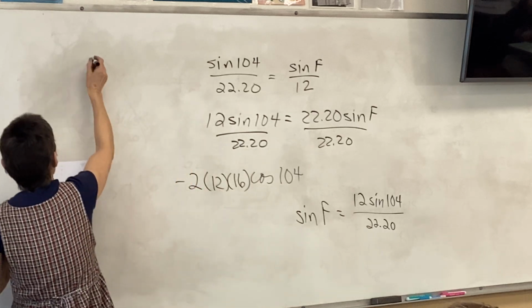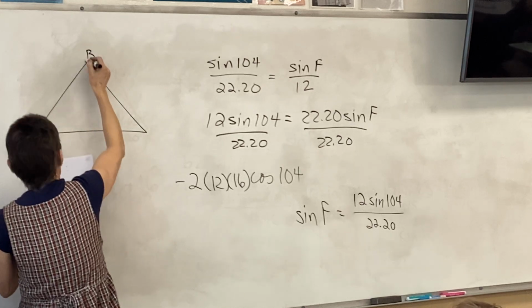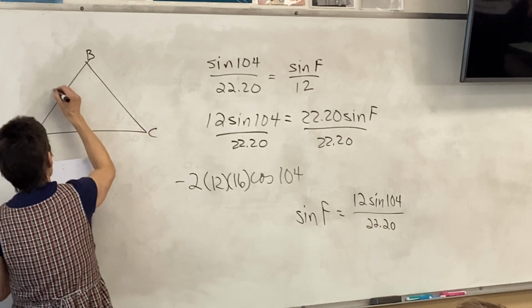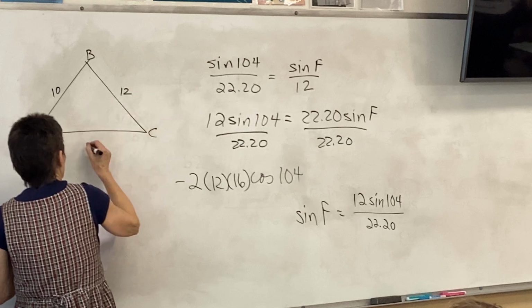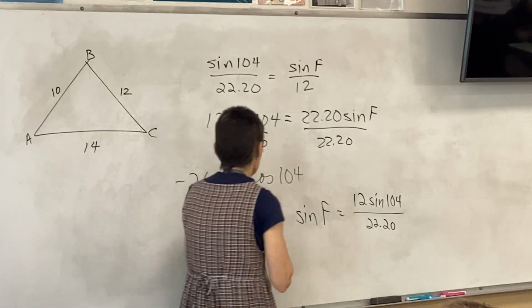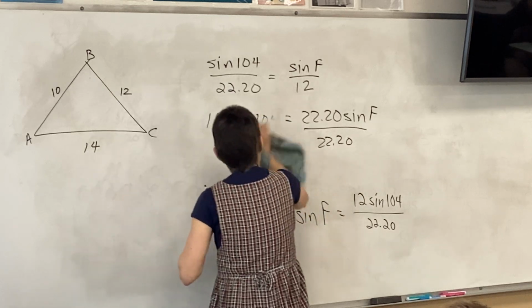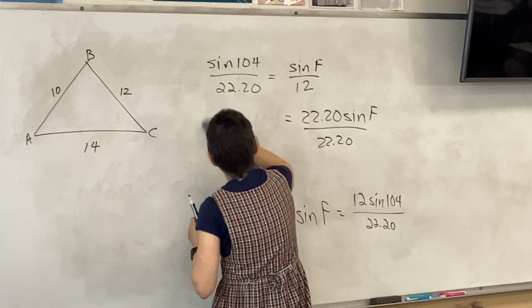Okay, so the first thing you do when you see a problem that says solve the triangle is try to figure out if you're going to use the law of sines or the law of cosines. Now, what's the rule for the law of sines?